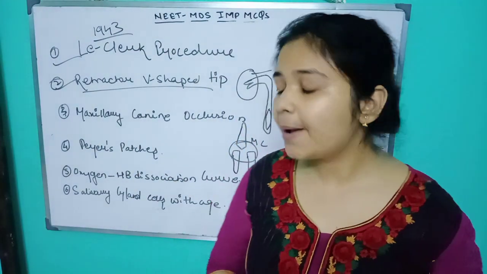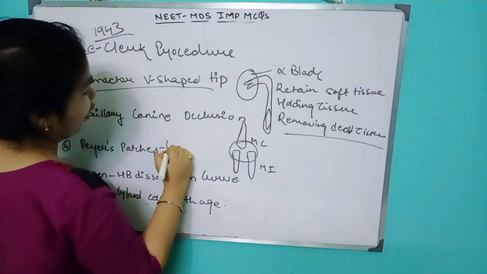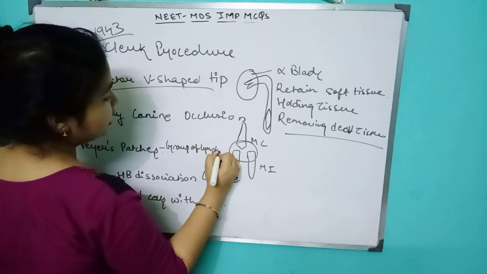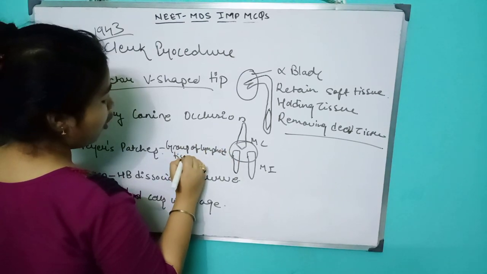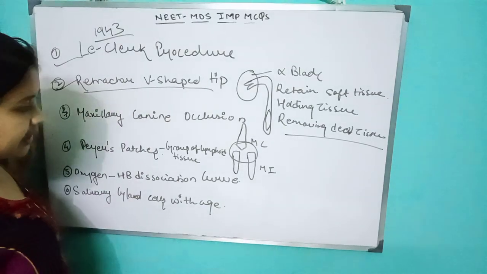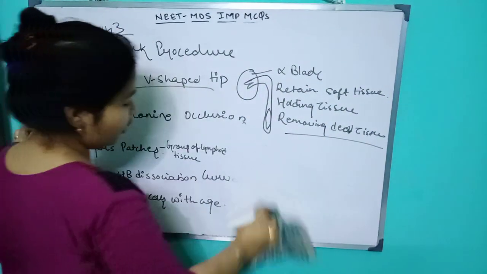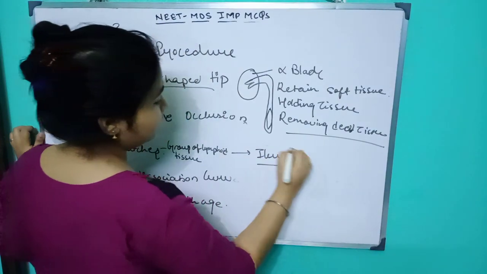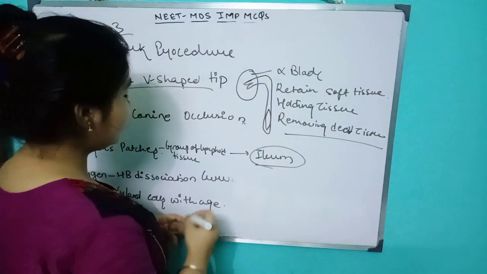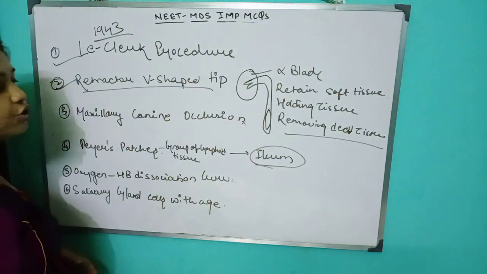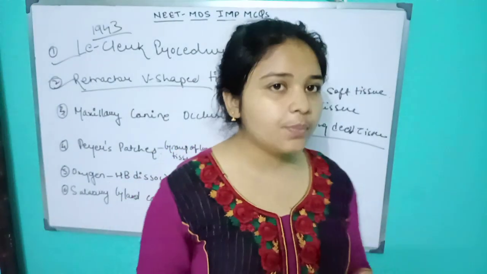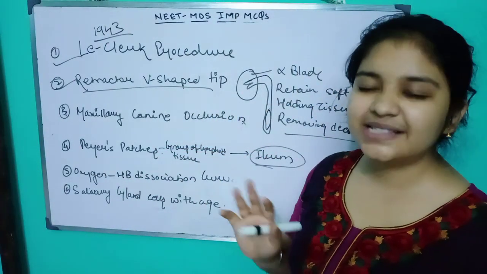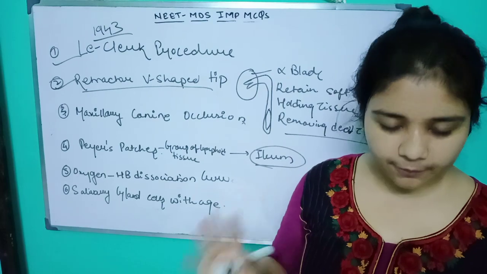It is nothing but a group of lymphoid tissue or cells in your ileum. It is also present in many parts of the ileum, but it is just a group of lymphoid tissue.